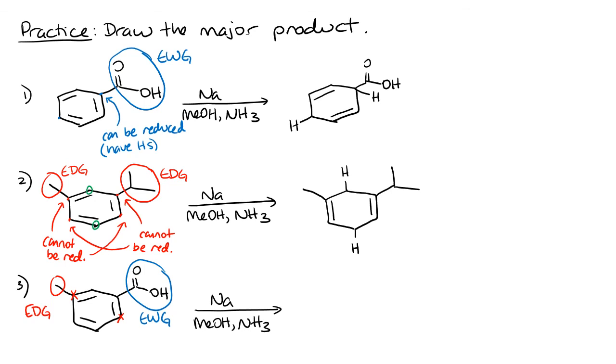The one containing the electron withdrawing group wants to be reduced, and we also have a carbon that's available opposite from it. So again, drawing our 6-membered ring, our 2 substituents. We will draw the H's on the carbons being reduced and the parallel pi bonds on the carbons not being reduced.